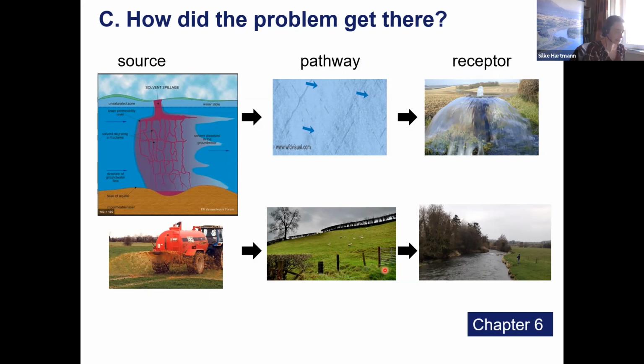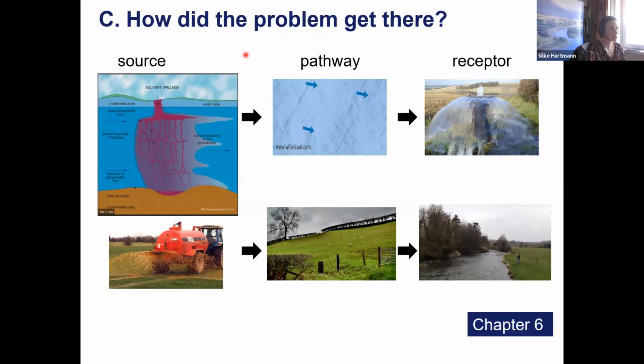You might be aware that environmental risk is assessed using the source pathway receptor model. And this model explains the environmental linkages. So for example, if you have a spill at the surface, this chemical can soak into the soil and the underlying groundwater and then travel with the groundwater through the rocks and reach a receptor, for example, an abstraction borehole at an agri-food business.